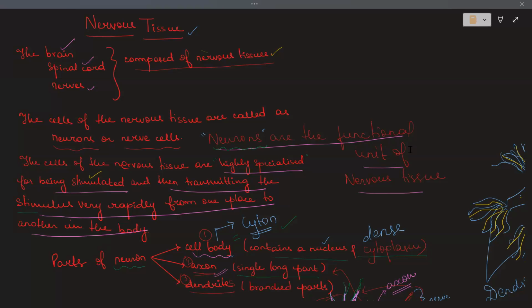When it is the fluid connective tissue, it is responsible for the transportation of gases and food substances. When it is the bone, it connects with the muscles and helps us to locomote. When it is the adipose tissue, it provides us insulation. So depending upon which type of connective tissue you're talking about, the function would vary.